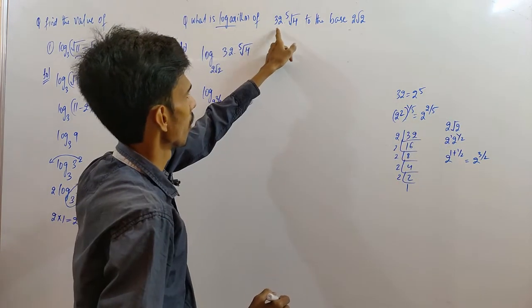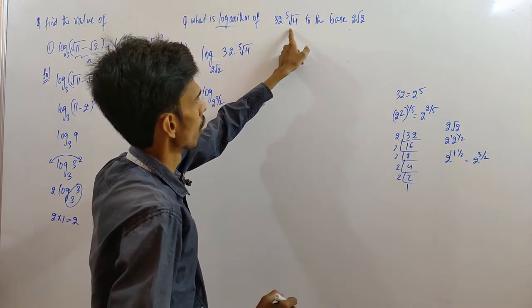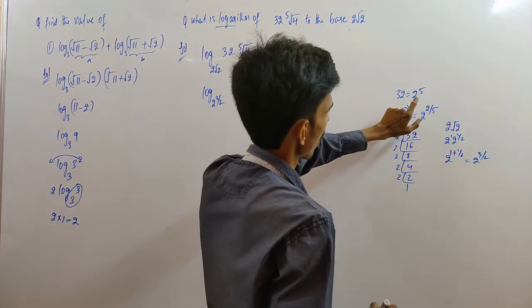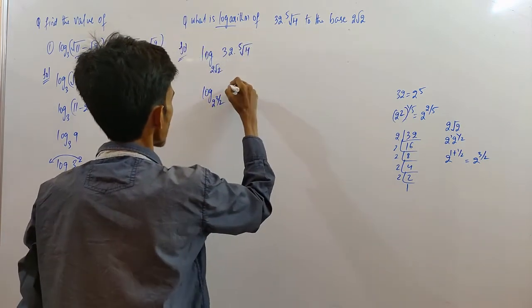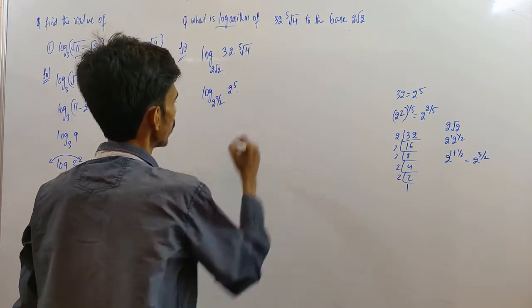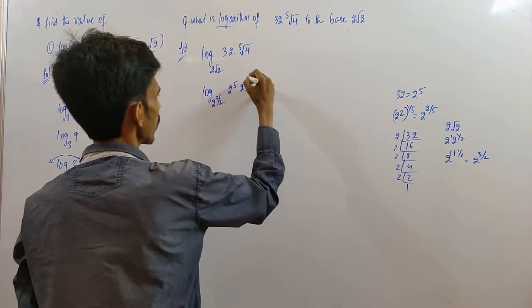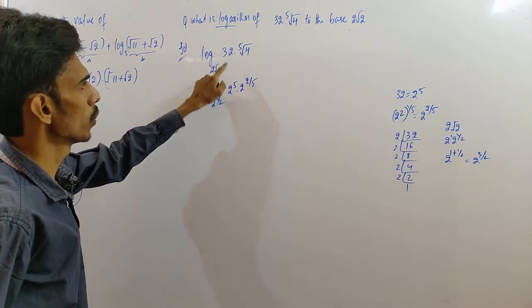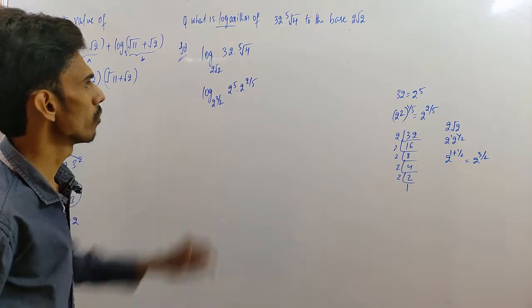So the value of this 32 into 5th root of 4 is this. What is the value? 2 power 5 into 2 power of 2 by 5. 2 power of 5 is 32, 2 power 2 by 5 is the 5th root of 4.